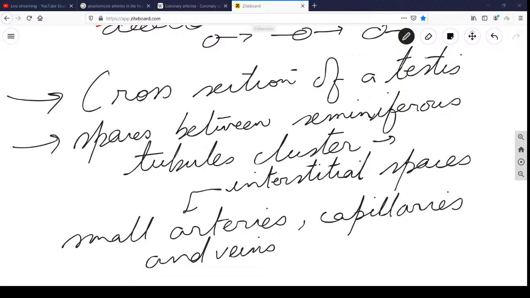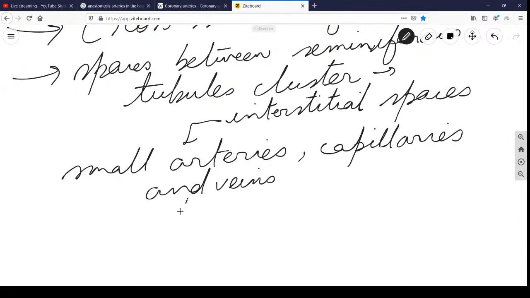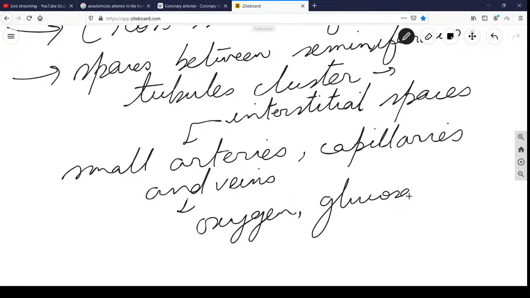This is where blood-borne products like oxygen and glucose leave the blood and, just by diffusion, get inside the seminiferous tubules.